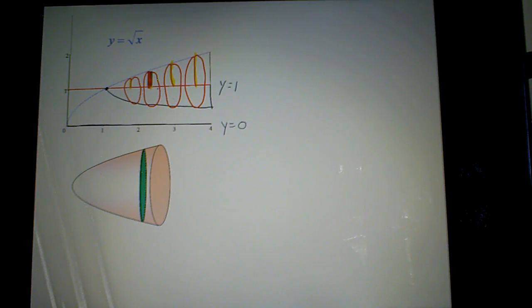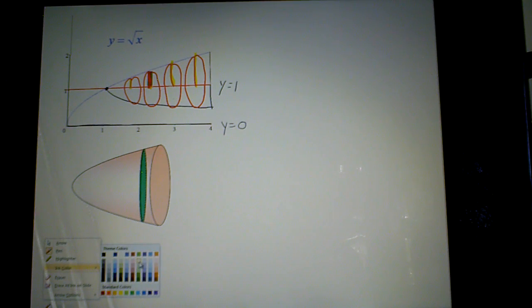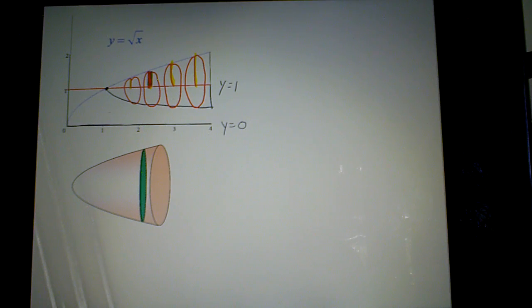So I say to myself, from the beginning, from Algebra 1, Algebra 2, I know that going from the x-axis up to the function is the square root of x. And I'm interested in the height. So you ask yourself, is this line that I've drawn too much or too little to represent my radius?